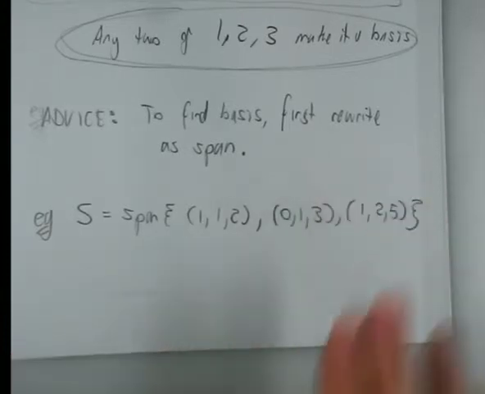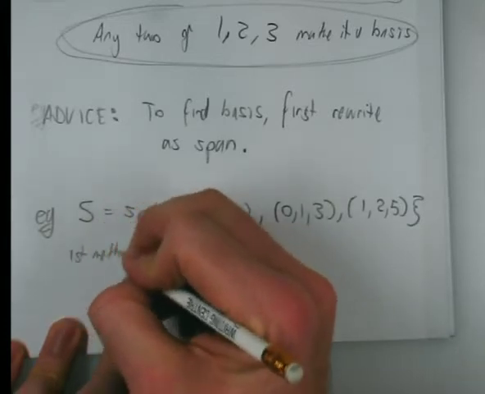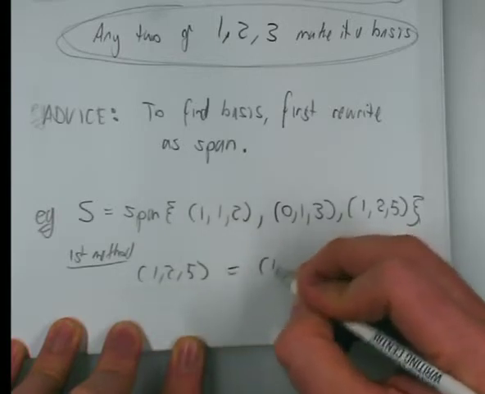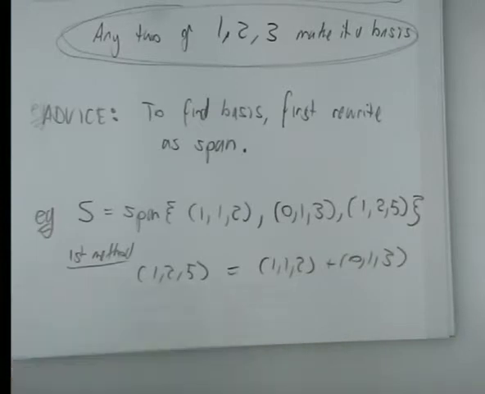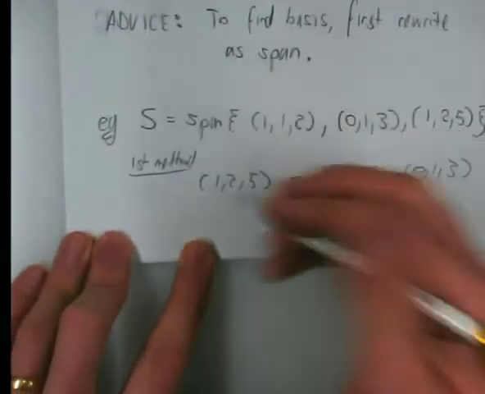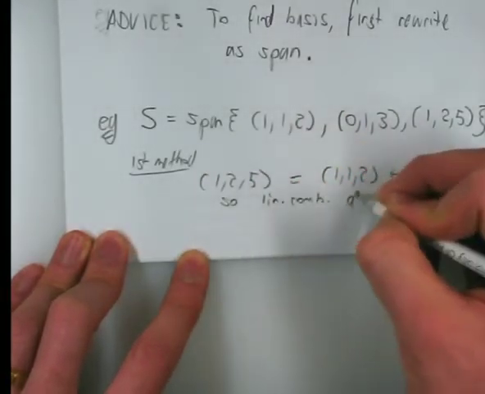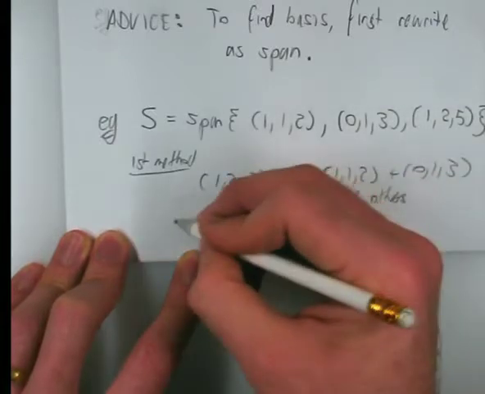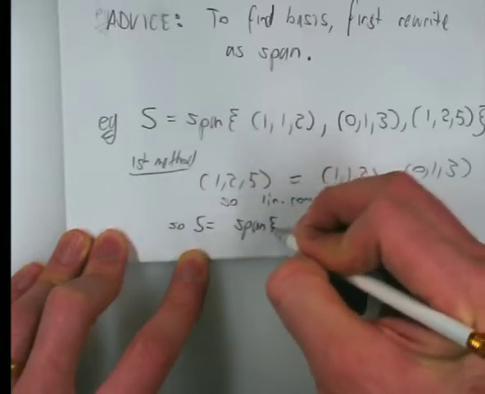So that's one way of doing it. So I could go, the first method: 1, 2, 5 is 1, 1, 2 plus 0, 1, 3. And so I have to remove the one that's the result, which is this one, a linear combination of the others. So S is in fact equal to just the span of the first 2.